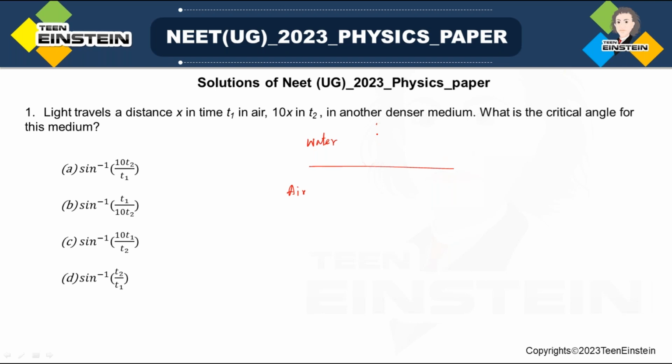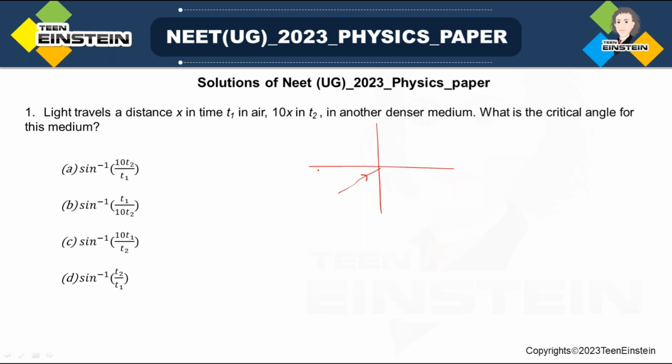This is the interface, and light will be traveling here with a certain velocity that is given here, and the velocity with which it travels in the other medium. It is actually denser to rarer. So I'll put it here.